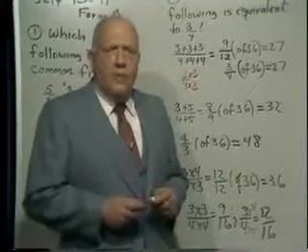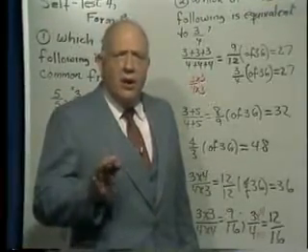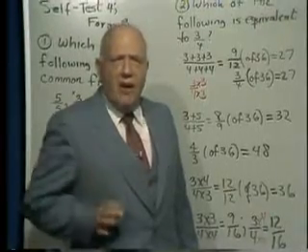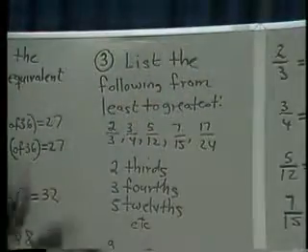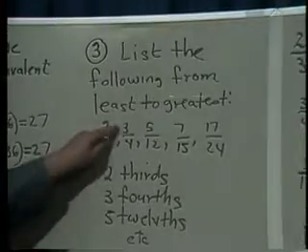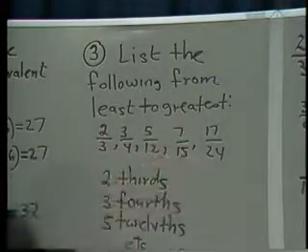And now to go one step further, I want to see if you can compare them according to size, using pretty much the same scheme that we just used, but only with more to keep track of. See, problem number 3 says, list the following from least to greatest: 2/3, 3/4, 5/12, 7/15, 17/24.